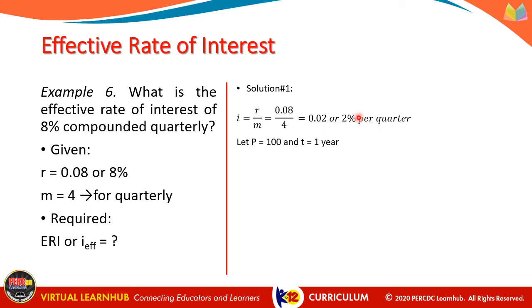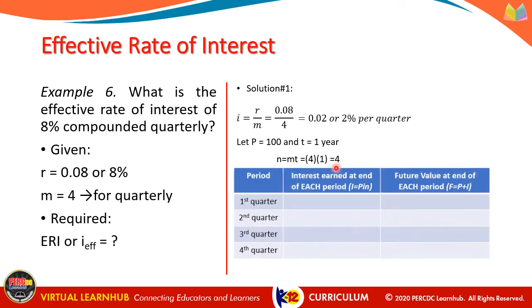Then next, we will just let P, our principal, be 100 and t be equal to 1 year. We just assigned a value for our principal P, which is 100 pesos. Since we let t be equal to 1 year, n, which is equal to m times t, will just be equal to 4. We have 4 quarters in 1 year.